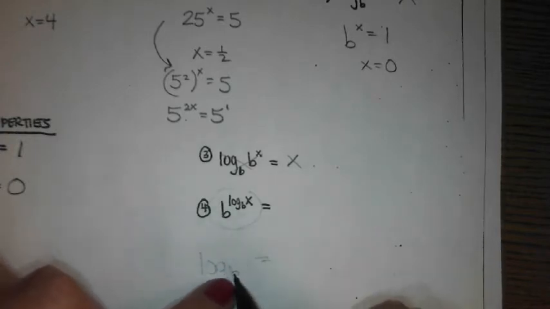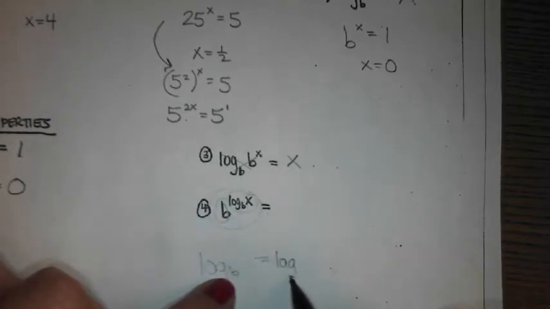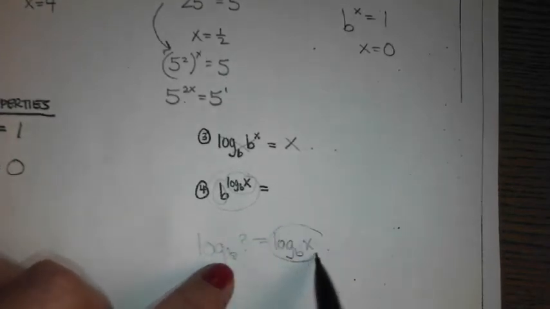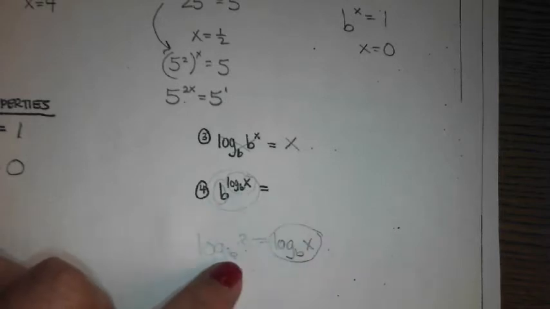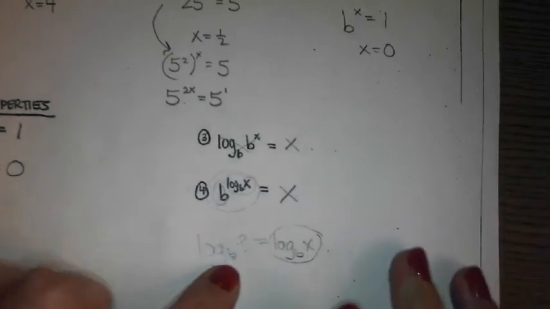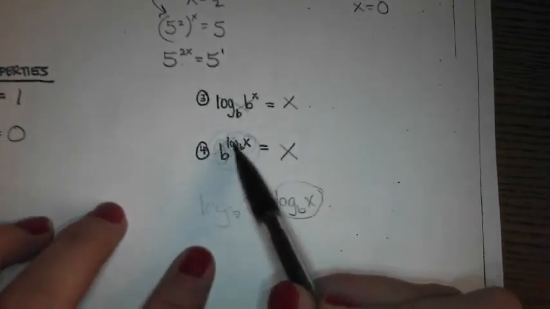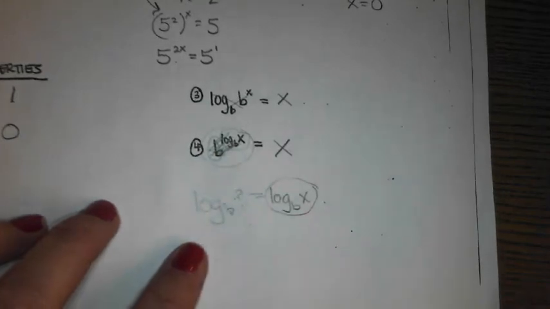It's b, your base, raised to the other side, equals what? B raised to the other side, that's what I'm looking at, equals what? X, right? To get these sides to be equal, our question mark would just have to be x. That's probably more confusing to look at this way, but people like to look at it as the b and log base b just cancel, and then that's just x.